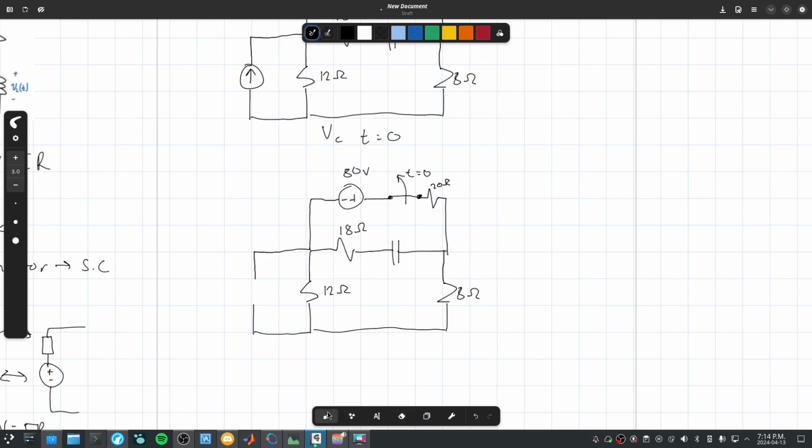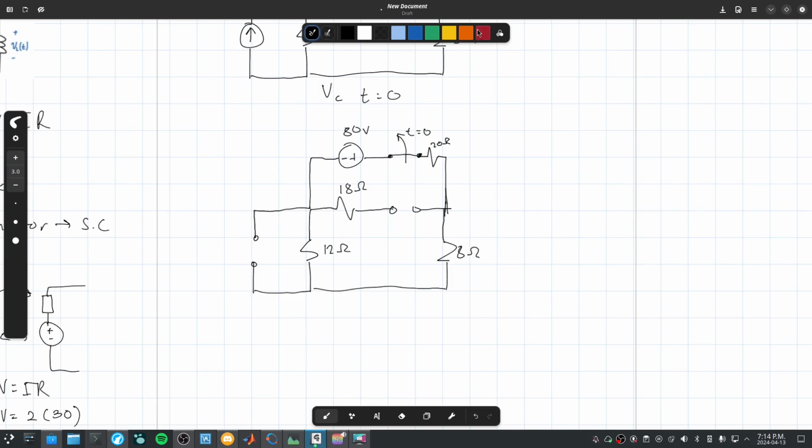So let's remove this current source. You replace it with an open circuit. And so we are finding it after it's been stabilized. So this capacitor here becomes an open circuit. Remember, when it's reached its stable state, capacitors will become open circuits. Inductors will become closed circuits.